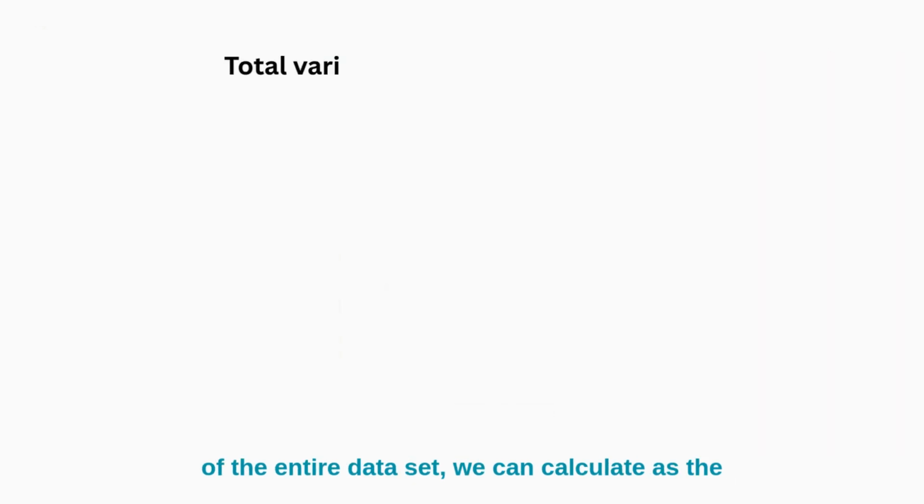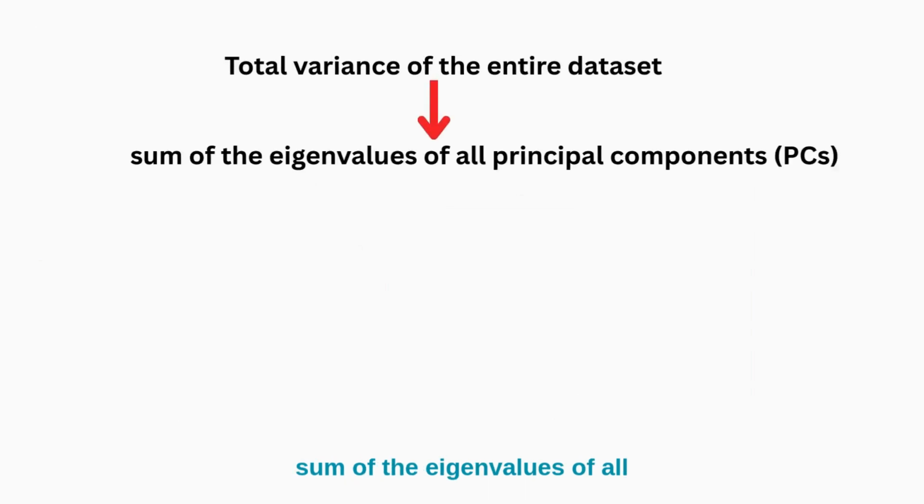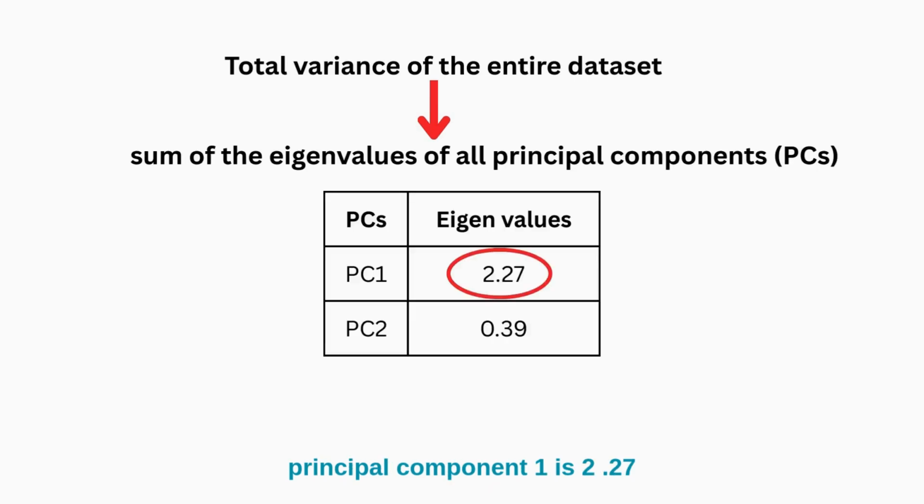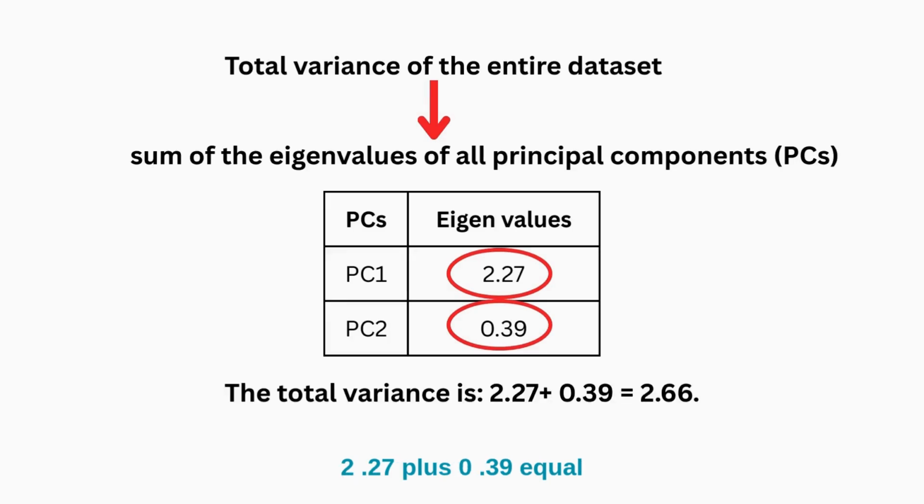The total variance of the entire dataset we can calculate as the sum of the eigenvalues of all principal components. The eigenvalue for principal component 1 is 2.27 and for principal component 2 is 0.39. So the total variance is 2.27 plus 0.39 equal to 2.66.